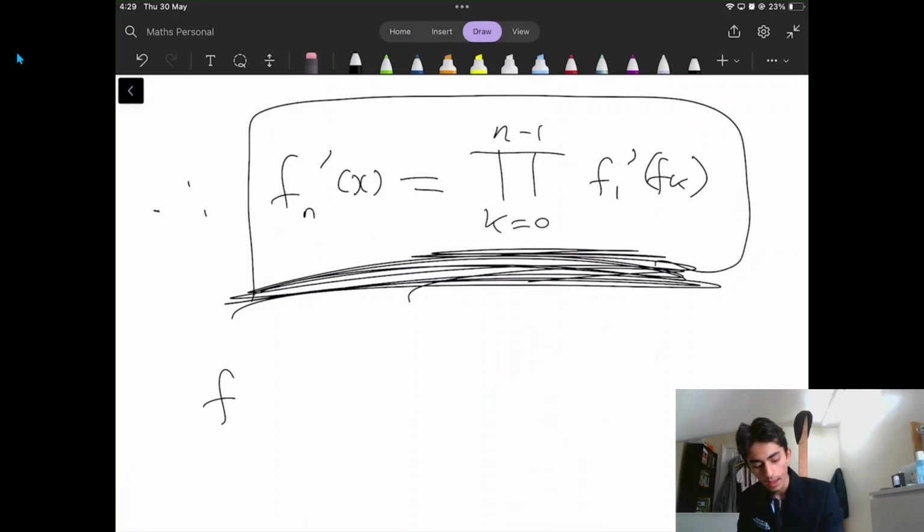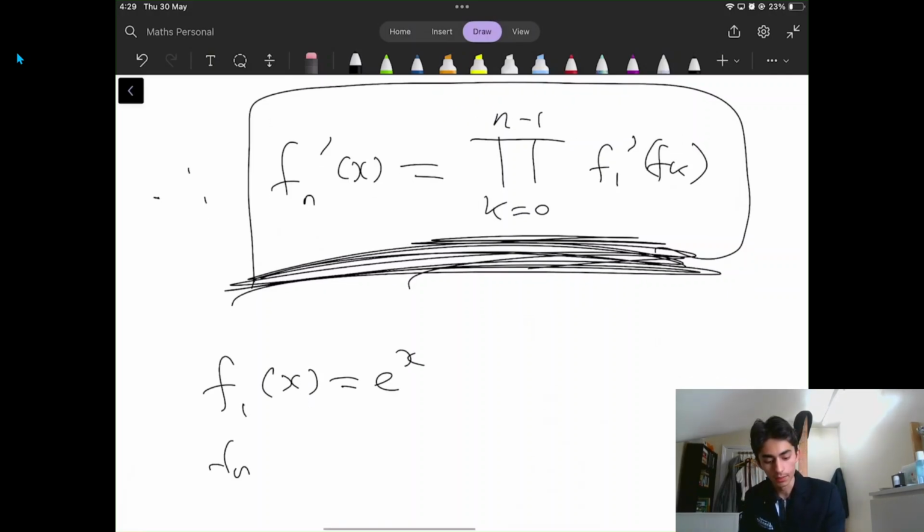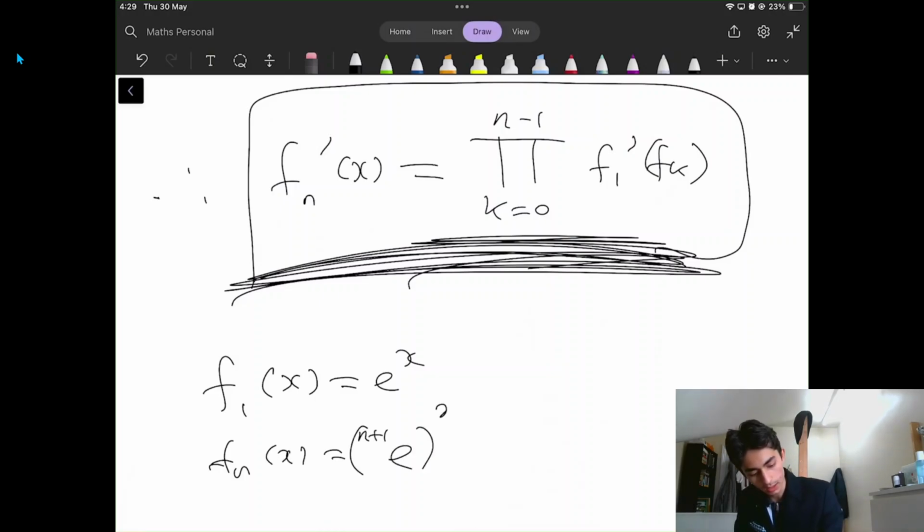Let's let f1 of x equal e to the x, and fn of x equals whatever we said it was earlier, e tetra to the n plus 1 to the power of x over e. Okay. Right.